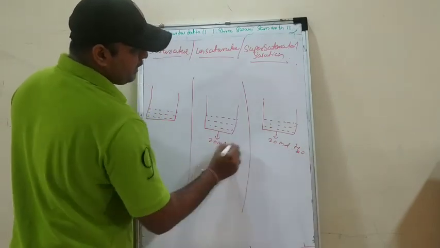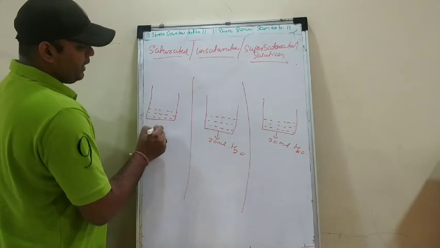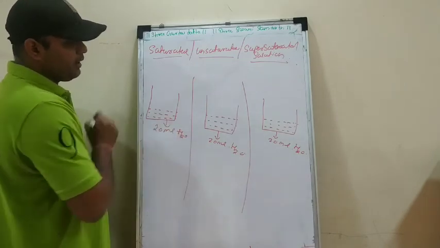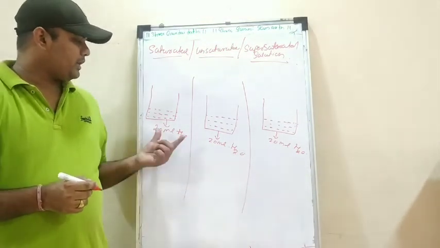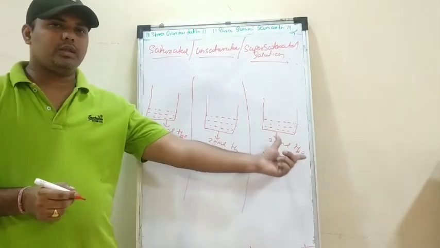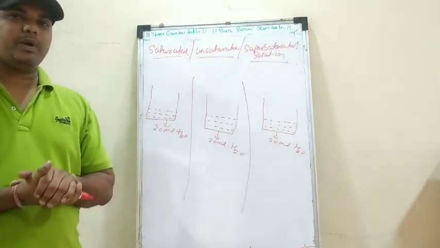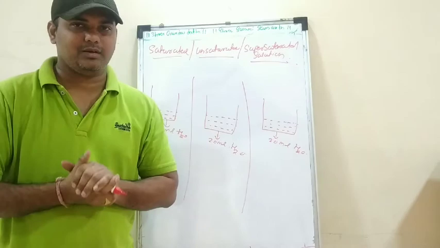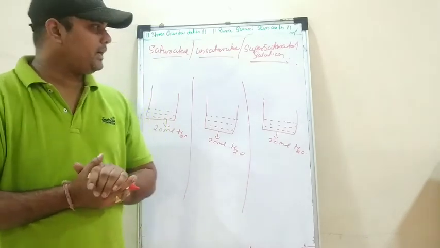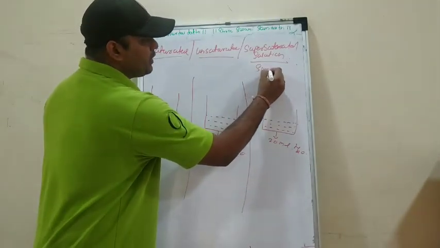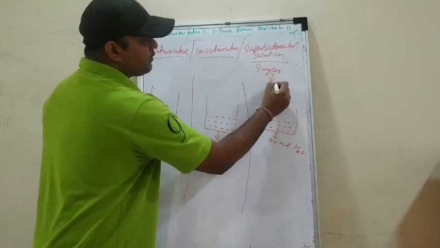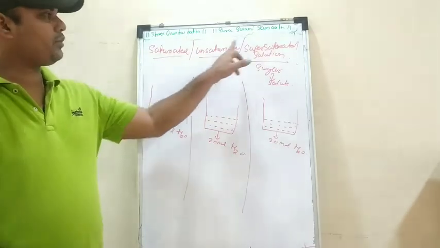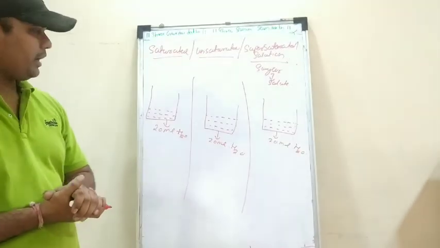Water is acting as the solvent. 20 ml of water in all the cases. So I have taken the water as the solvent in all the 3 cases. Now to this water solvent we are supposed to add the solute. Now what will be the solute? Let's say we will add sugar as the solute to all the three beakers, and then we will understand what is saturated, unsaturated and supersaturated.